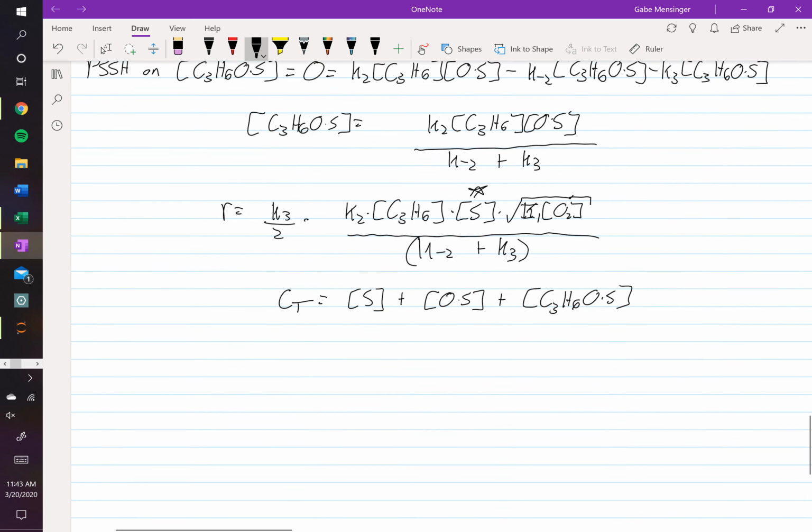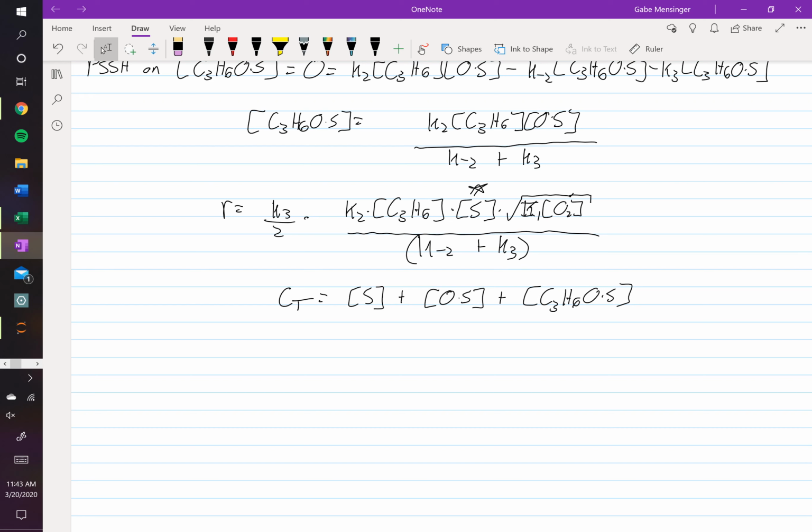And we have expressions for each one of these that we can plug in. We'll leave S because that is ultimately what we're trying to solve for, times square root of K1 O2. Right? Yeah.